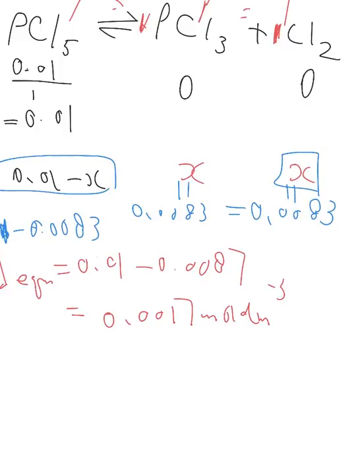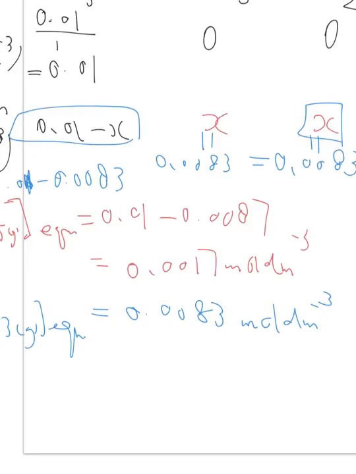Okay? And then, how about phosphorus trichloride? The value will be exactly the same as chlorine. And this is part A, the solution for part A.